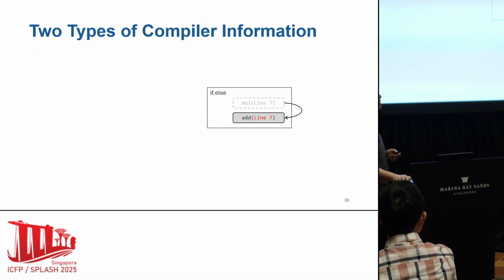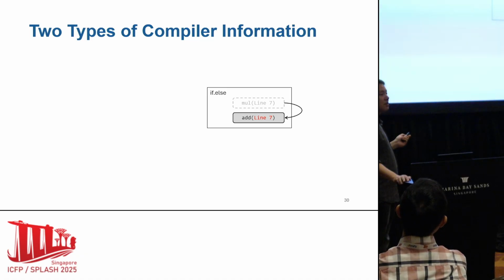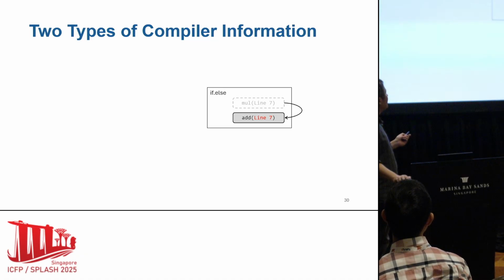Let's take a look at an example. In this simple example, we have a basic block, and in the original unoptimized code, we have a multiplication instruction at line 7, and for some reason the optimizer has decided that we can replace this multiplication with addition. Therefore, we have a new addition instruction at line 7 as well.